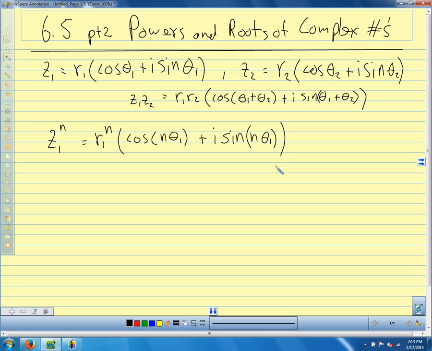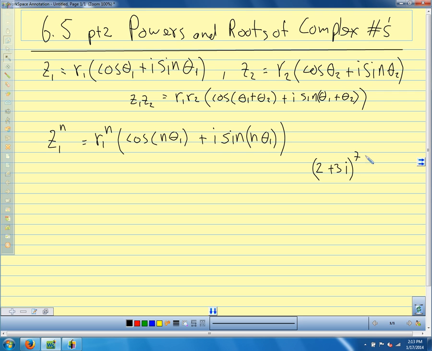So think just for a second. Here we're just finding the power of a real number, and here we're just multiplying an angle times a number. Think about how difficult it would be, even for a relatively easy complex number like 2 plus 3i. Say we want to do 2 plus 3i to the 7th power. Imagine how much work that would involve.